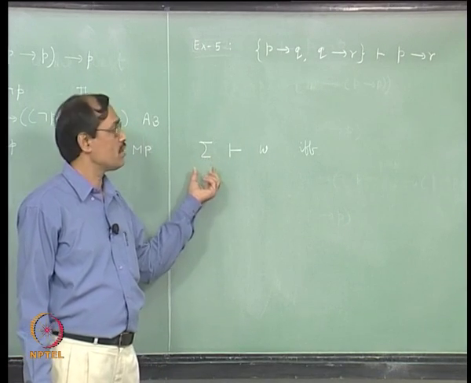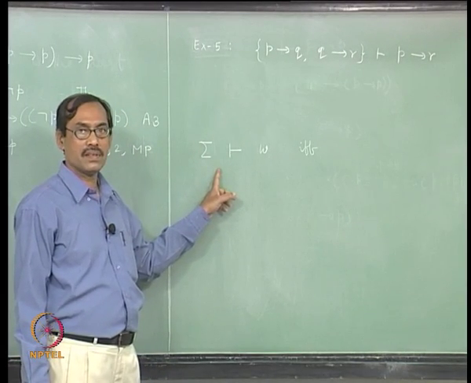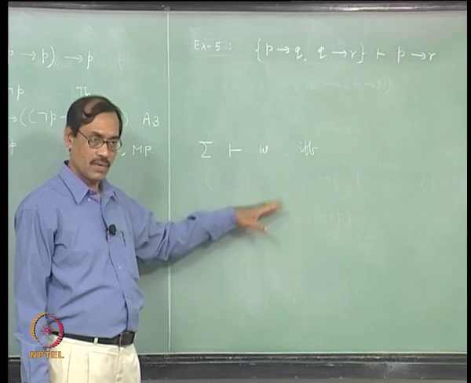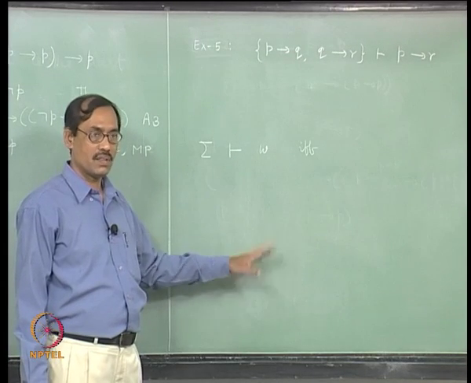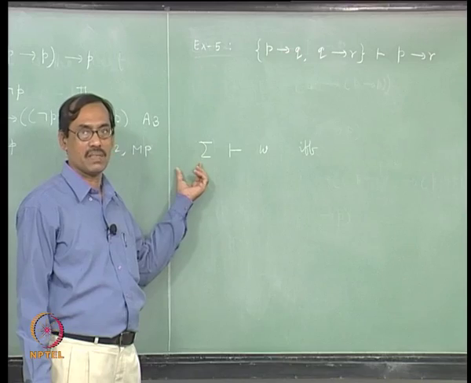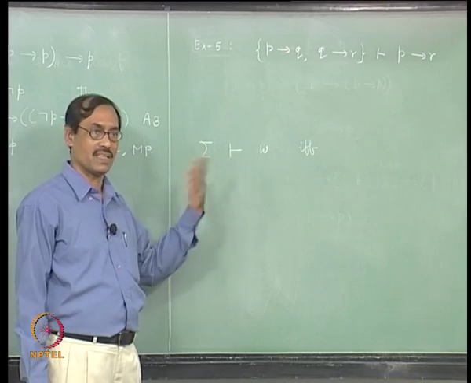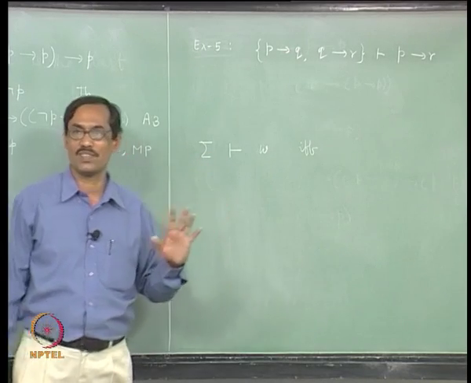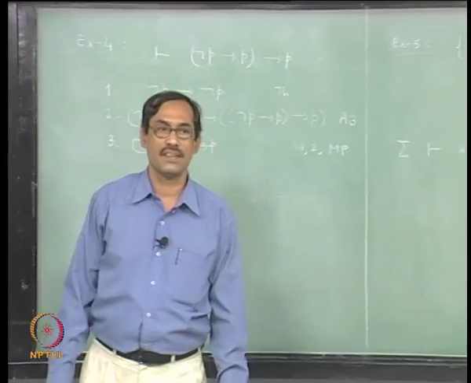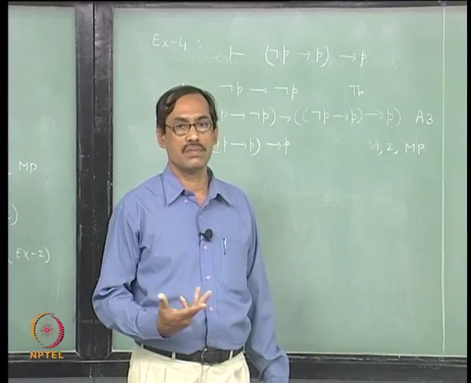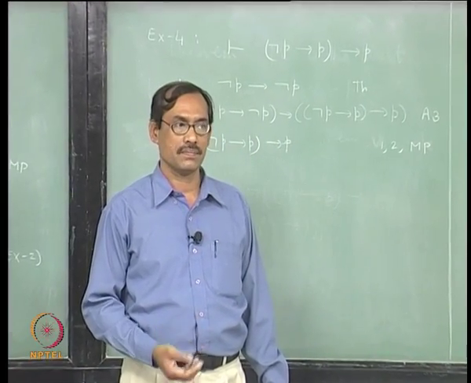So, what do we do? First we derive W from somewhere, and those somewheres are the propositions which are in sigma. We can also use the axioms, that is a bonus, right. So, how do we give the definition of this derivation?